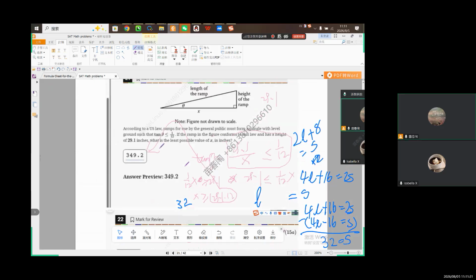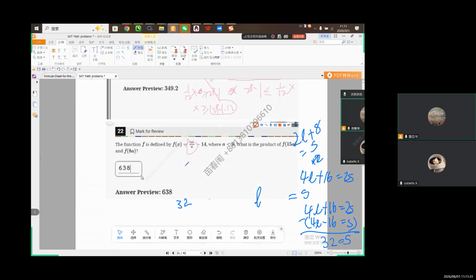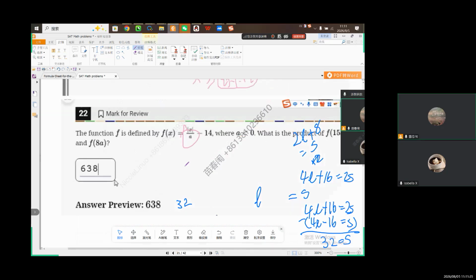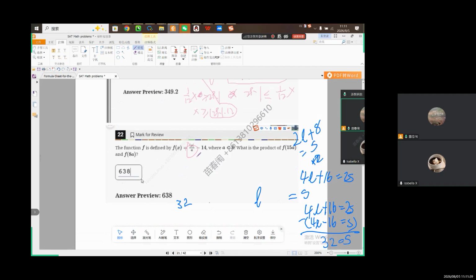The function is defined by this, minus 14 where a is negative, and what is the product? 15a. Well, we don't have much to do. We can just substitute for the moment.